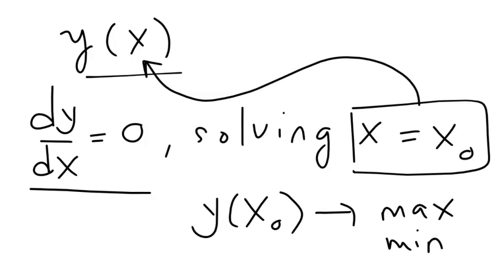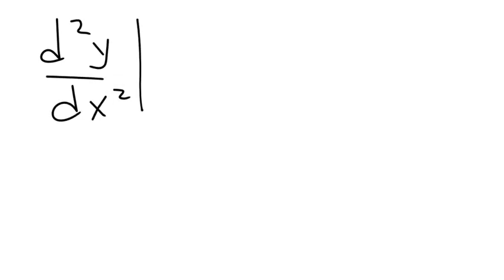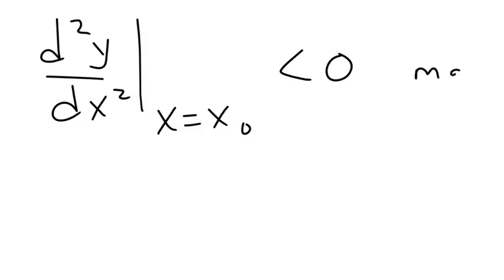Now, which one is it? If the value of y is maximum for x equals x naught, then the second derivative of y with respect to x evaluated at x equals x naught will be a negative number. So that means y is maximum.